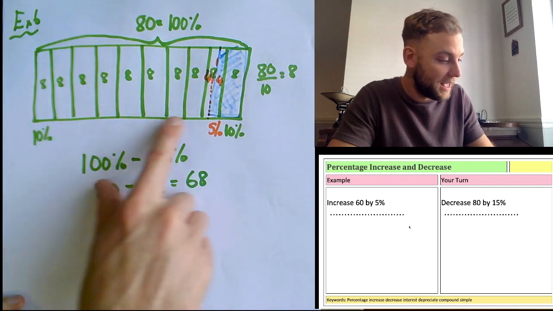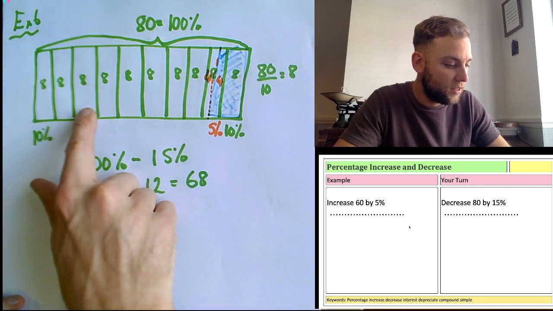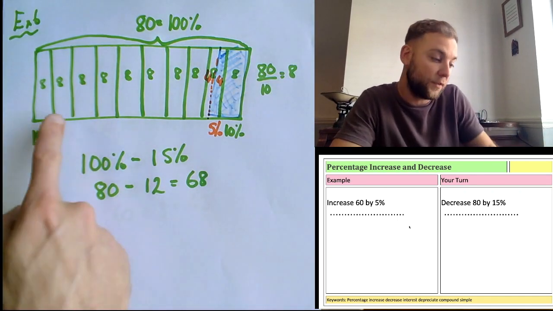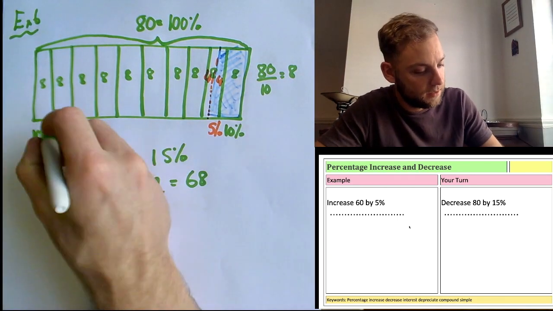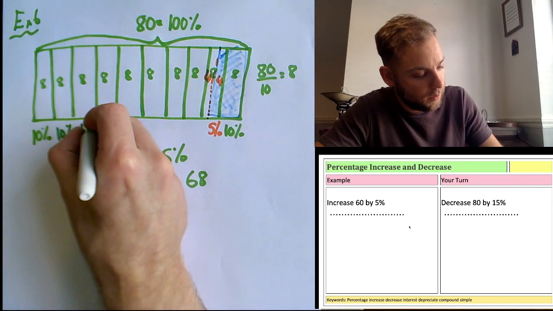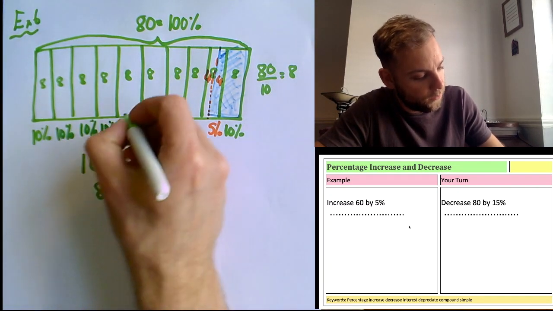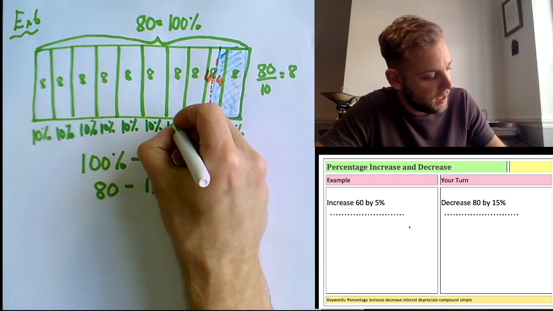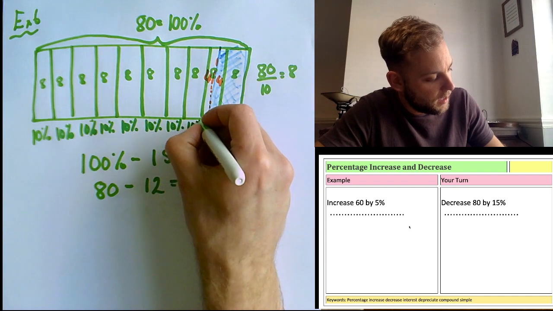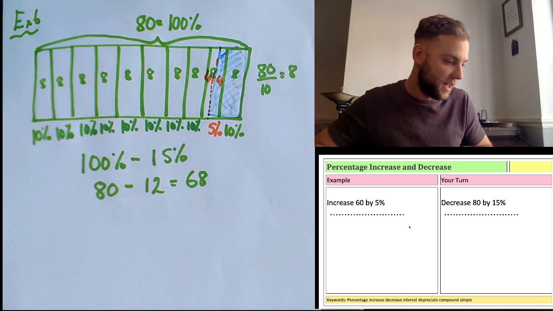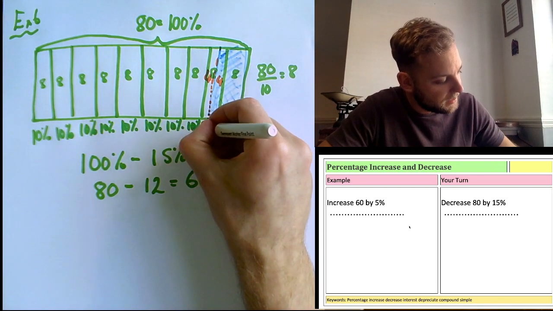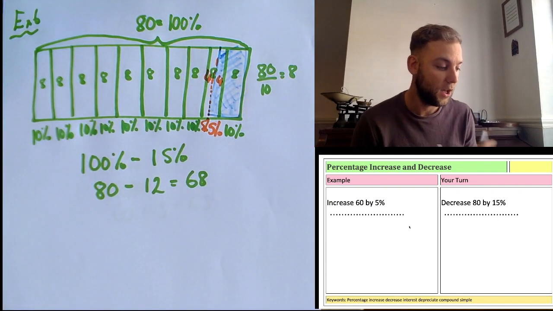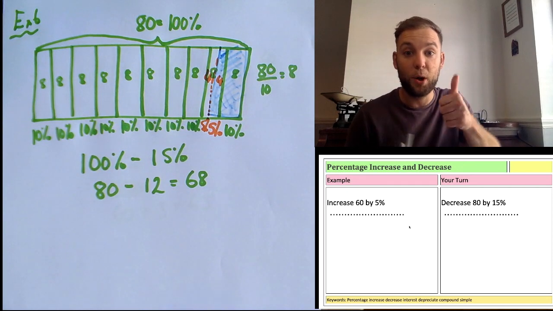Remember that this part here is worth 10, 20, 30, 40, 50, 60, 70, 80, and then the other 5% there, 85%. So you can either count up the 85% or take away the 15%, both of which will give you 68, which is perfect.